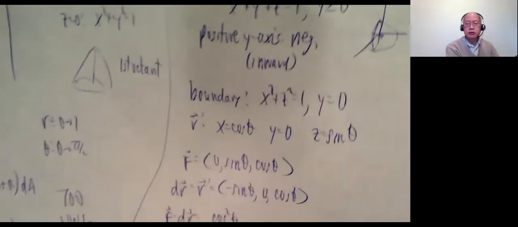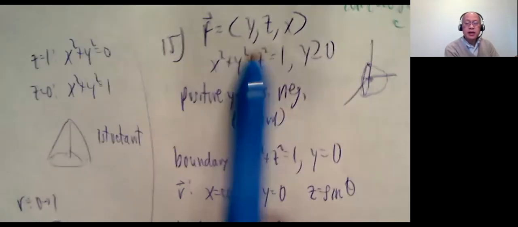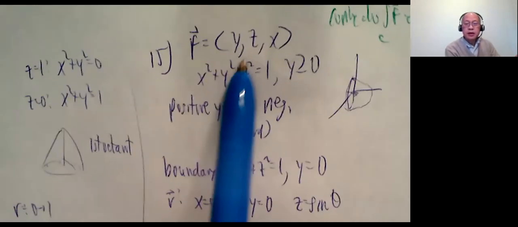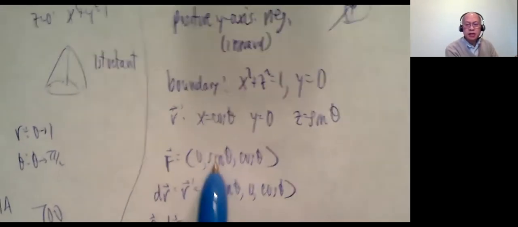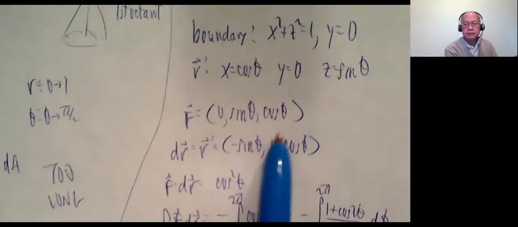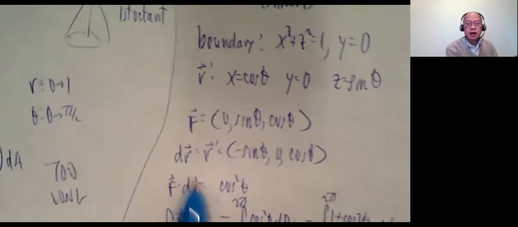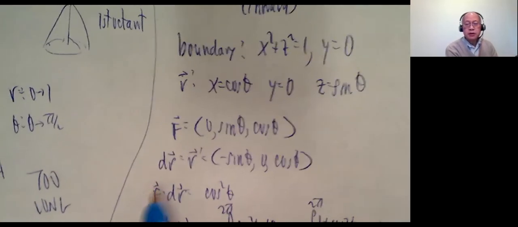So cosine theta, 0, sine theta. And now what is F? F is y, z, x. Y is 0, z is sine theta, x is cosine theta. That's my new F.